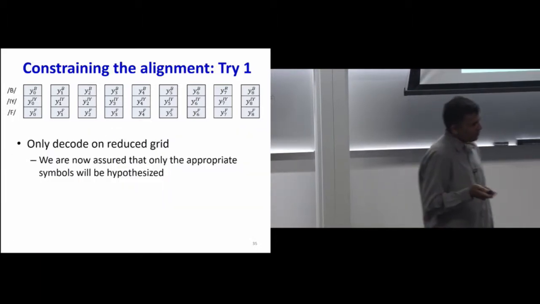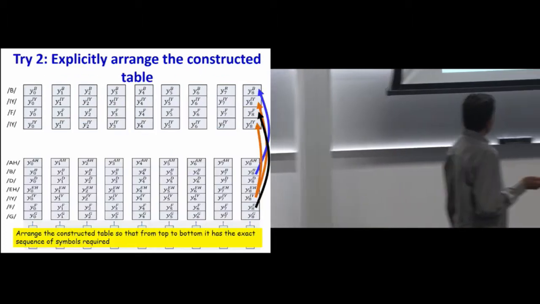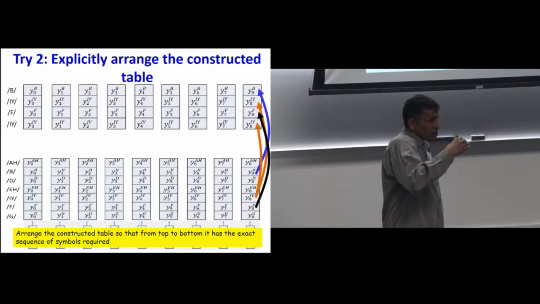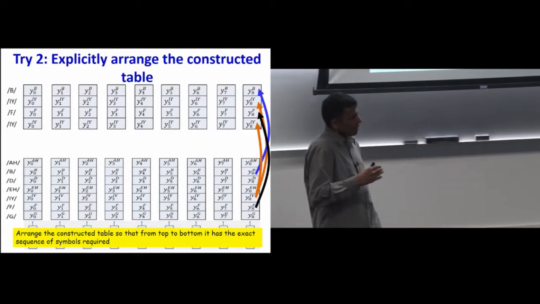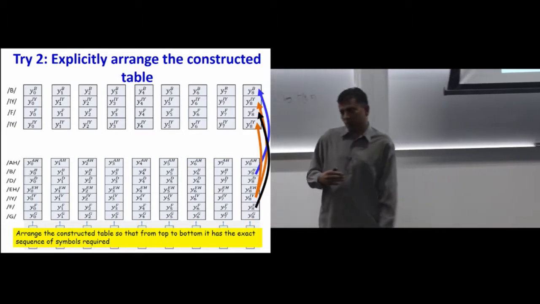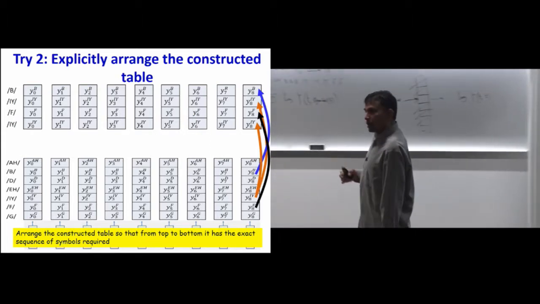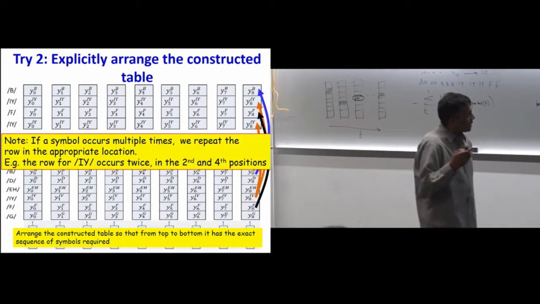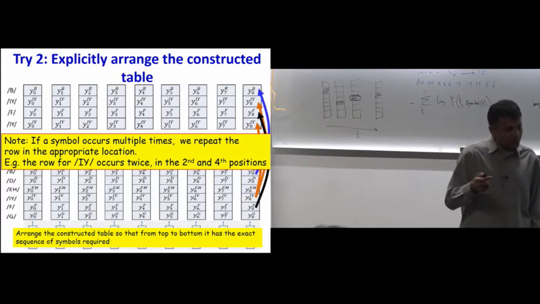Okay, I'll give you the answer, right? It's very easy. I'm going to pull out the rows and arrange them in the order in which I want the symbols to be produced. So observe that here I wanted the output to be beefy. So E occurs twice in beefy.